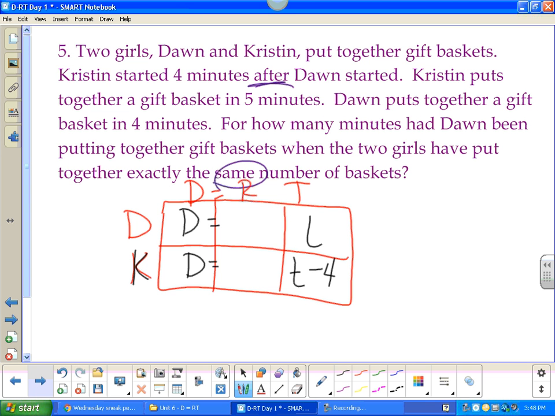And some people say, well, could I just give Dawn a plus 4? Yes, absolutely. You'll get the same exact answer. So you can either give Dawn a plus 4 and keep Kristin at T, or you can give Dawn the T and then take 4 away from Kristin. It doesn't matter. Dawn puts a gift basket together in 4 minutes, and Kristin is 5 minutes. And I want to know when they're the same.